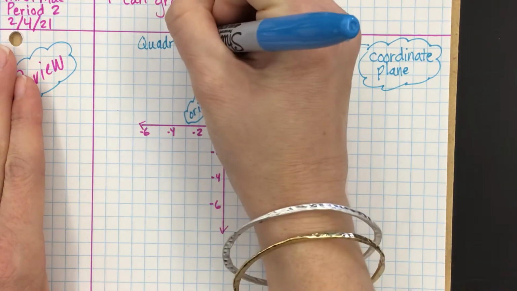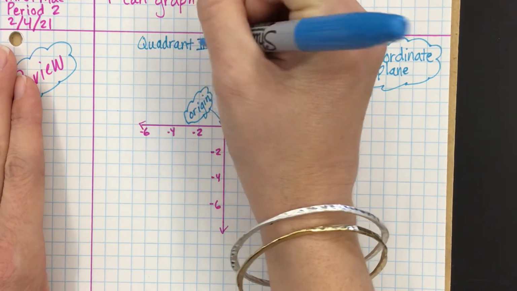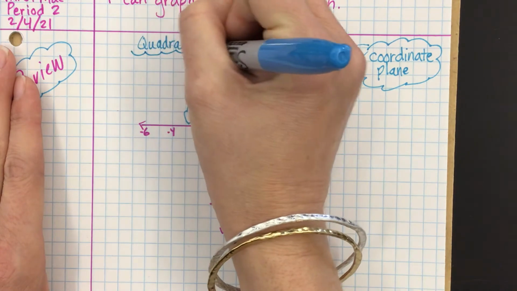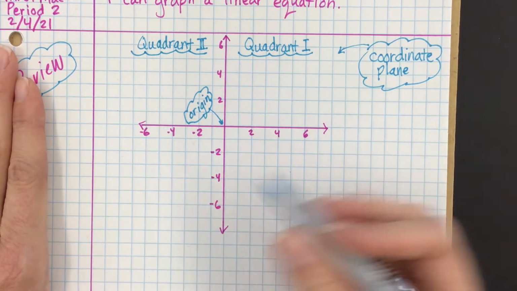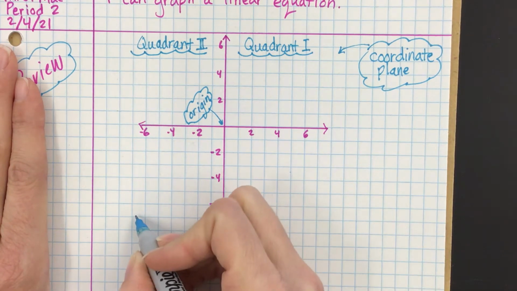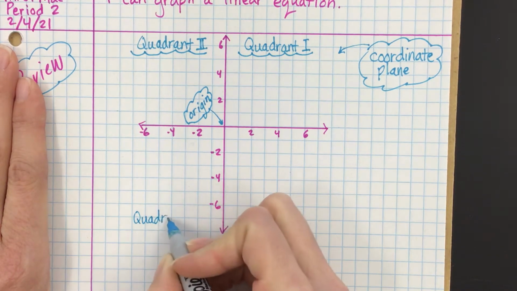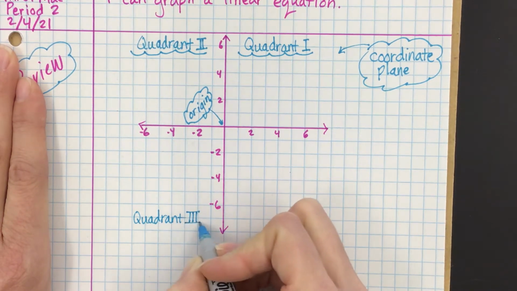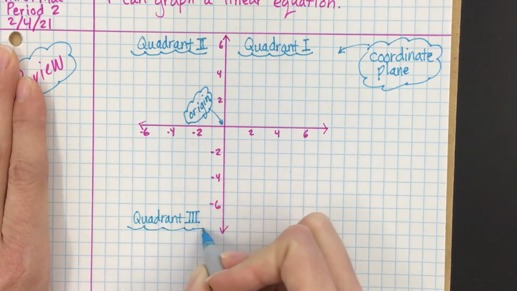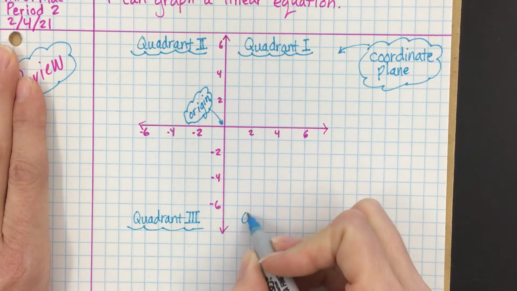Quad meaning 4 because there's 4 of these. And then down here in the bottom left is quadrant 3. And then this last quadrant is quadrant 4.